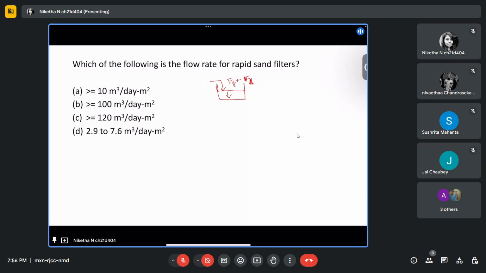So that's why the filtration will be rapid and the flow rate will also be high. So which do you think will be the flow rate? Okay, the correct answer is greater than or equal to 120 cubic meter per meter square per day.